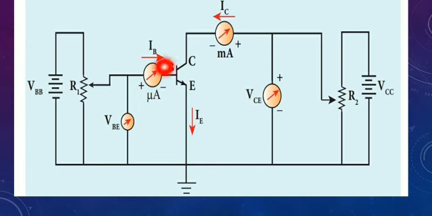The base current is measured in microamperes and the collector current in milliamperes. That is the main difference between them, because the base current is due to the forward bias junction and the collector current is due to the reverse bias junction.